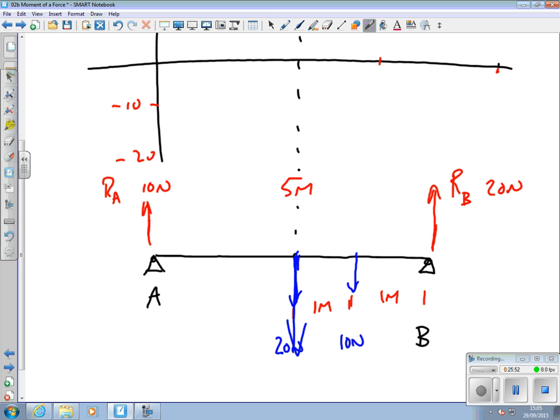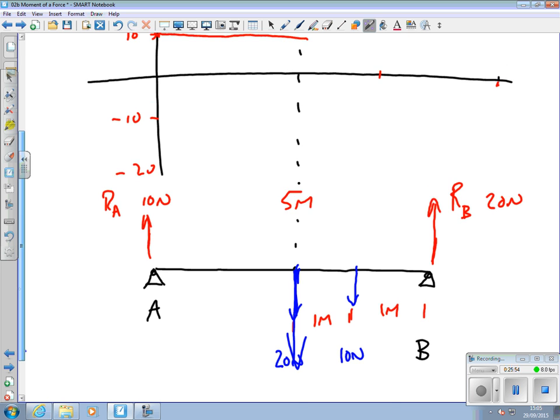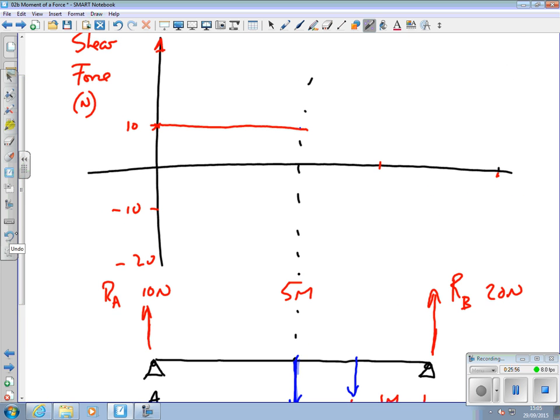So what I now do is come down 20 newtons to minus 10 newtons, which is this point here. And then that force is the only one that acts between this point on the beam and this point on the beam here. So it continues at minus 10 newtons until you reach this point here.